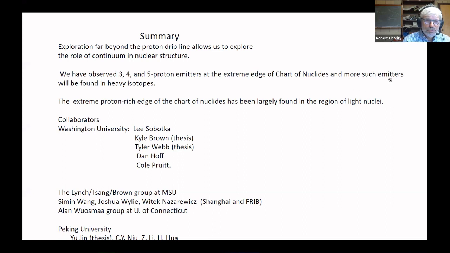And more such emitters will undoubtedly be found, though I guess already we see in the 2 proton emitters up in iron 45, they have trouble just getting to 2 proton emitters. So maybe it would be much harder to go further out and see these guys. And at least for these very light nuclei, we think we've largely found the very edge of the chart of nuclides.